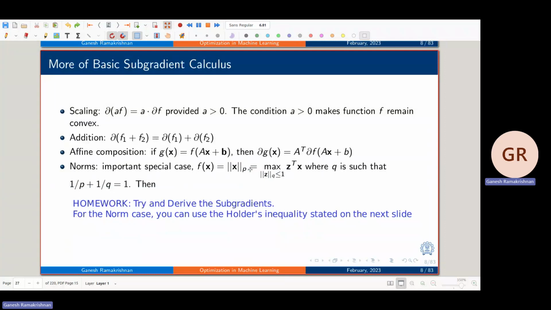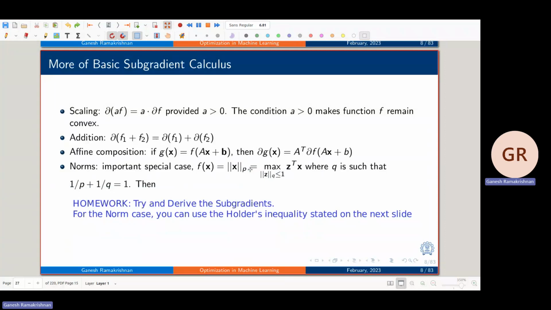When p is 2, what happens? Now this is a generalization of Cauchy-Schwarz. When p is 2, what are we saying? The 2 norm of x is what? Max over... When p is 2, then q is also 2, right?